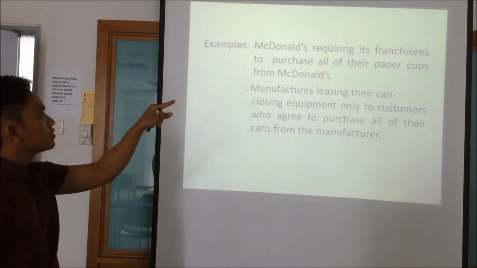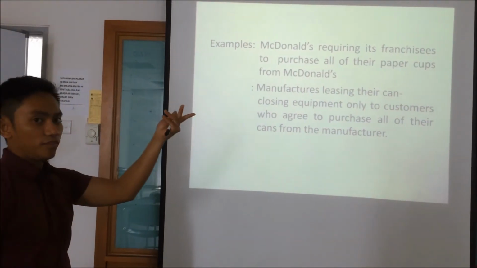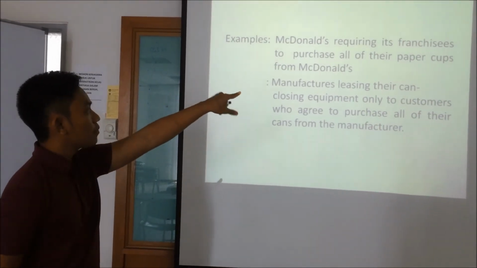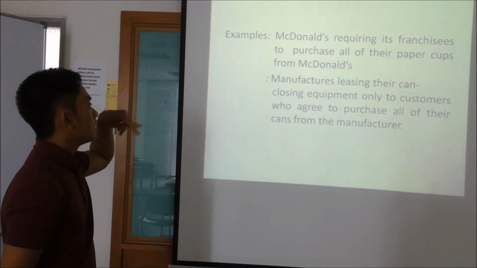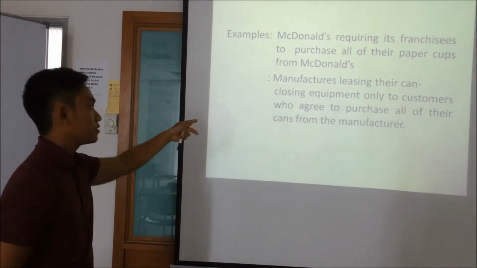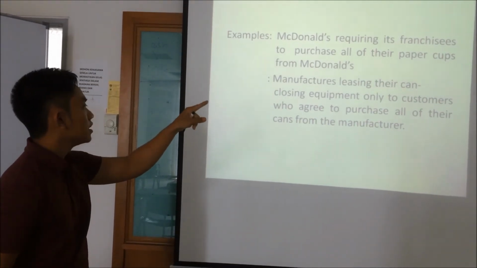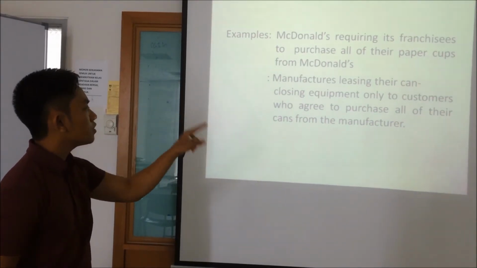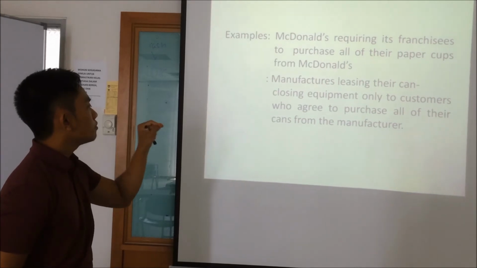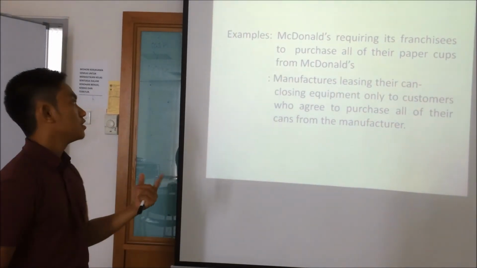McDonald's requires its franchise to purchase all their paper cups from McDonald's. Manufacturers leasing their can closing equipment only to the customers who agree to purchase all of their cans from the manufacturer. That's all.